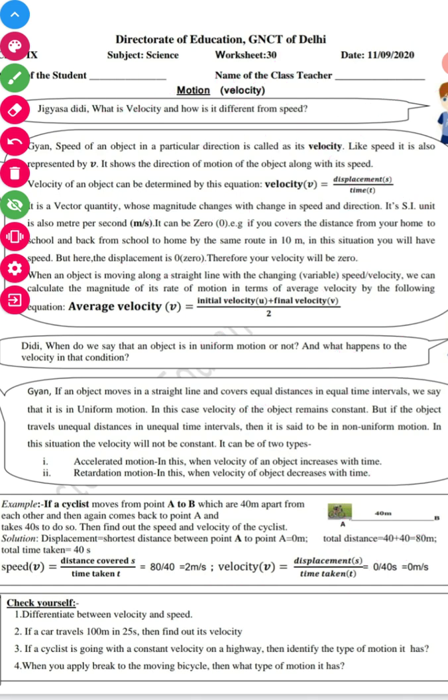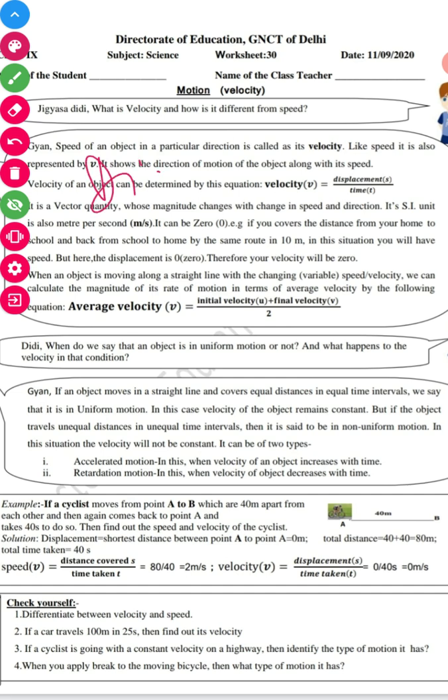Okay. So this is all about your today's worksheet. Next we will do the practice exercise. First, differentiate between velocity and speed. Students, speed is the distance covered by an object per unit time, right?